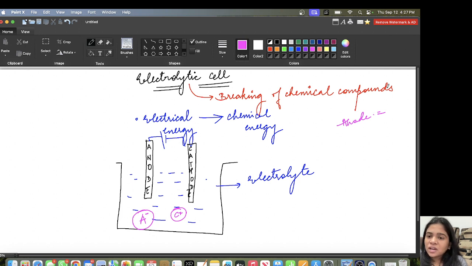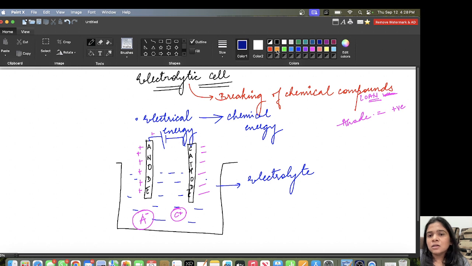So anode here will be not negative but positive. The LOAN formula we apply only for the Daniel cell, the electrochemical cell. Anode here is positive and cathode will be negative here.